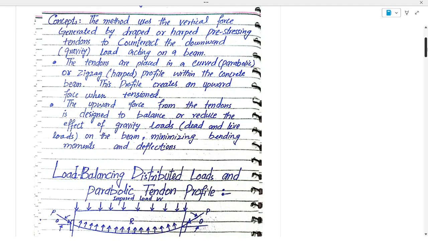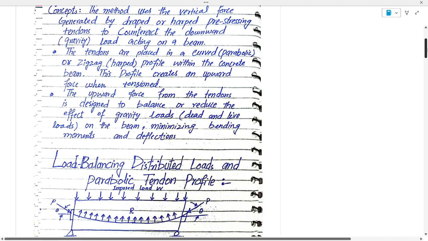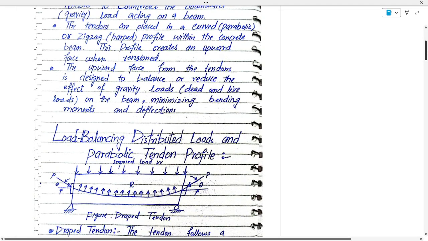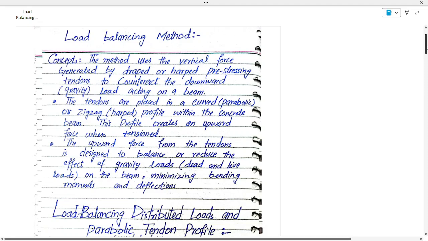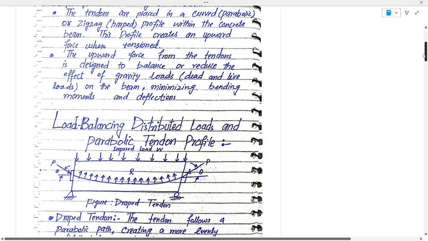This profile creates an upward force when tensioned. The upward force from the tendons is designed to balance or reduce the effect of gravity loads, dead or live, on the beam, minimizing the bending moments and deflection. This is the basic concept of the load balancing method.